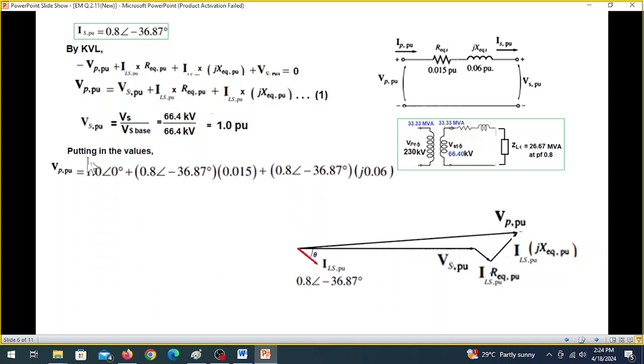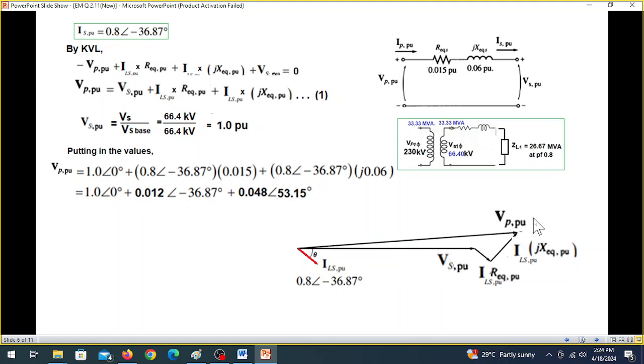And now we'll plug in the values. So we have this as 1.0. This current 0.8 angle minus 36.87, this R was 0.015 pu, and similarly for X terms. And now multiplying these, we get these two terms. Now, as I was mentioning, this is representing this current. This is this voltage here, negative side.